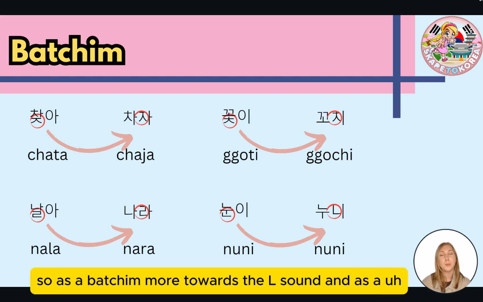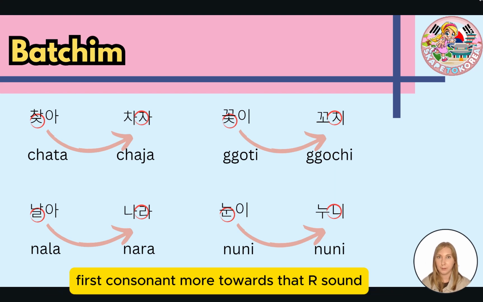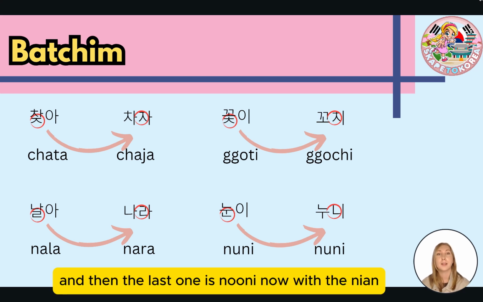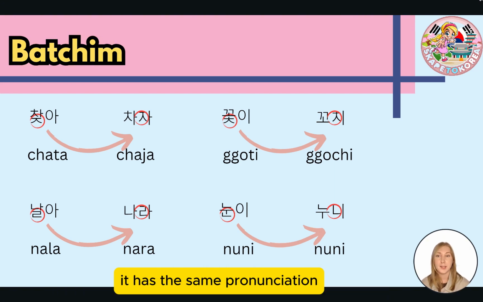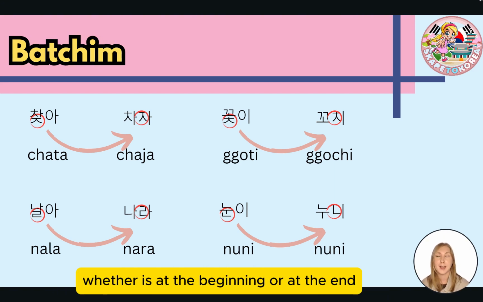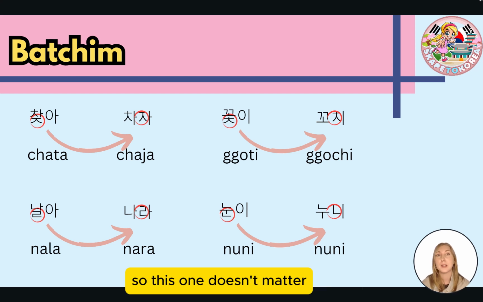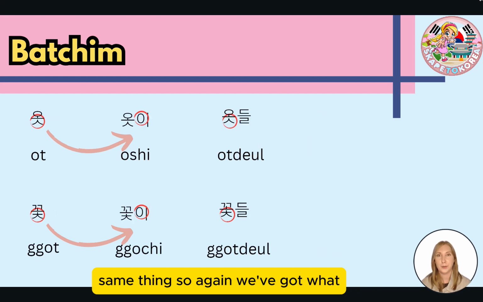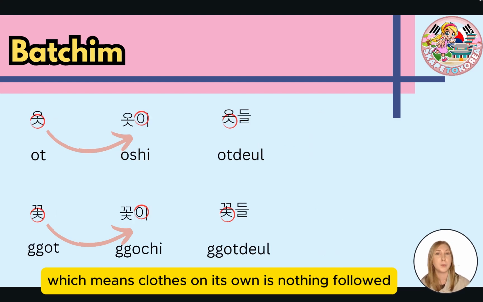So as a 받침, more towards the L sound, and as a first consonant, more towards the R sound, okay? And then the last one is 눈이. Now with the nian, it has the same pronunciation whether it's at the beginning or at the end. So this one doesn't matter. It stays the same no matter what. 눈이, 눈, same thing.